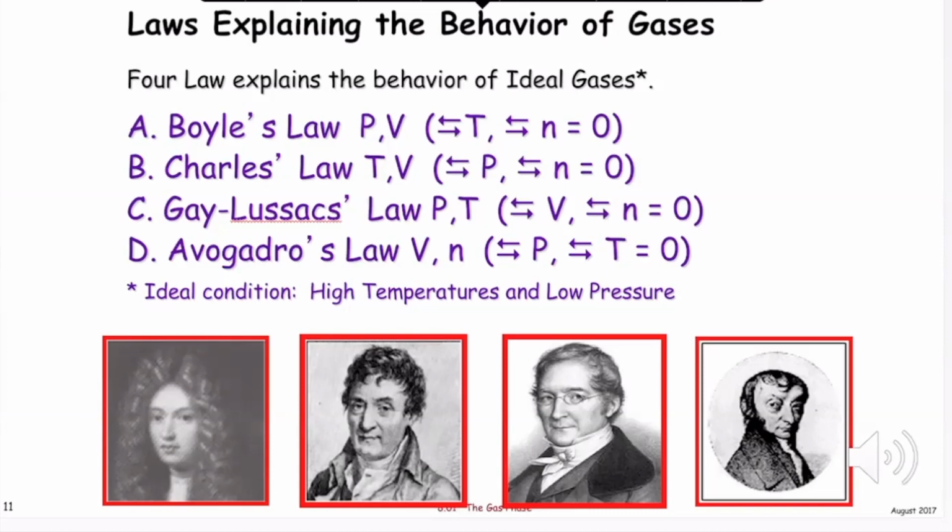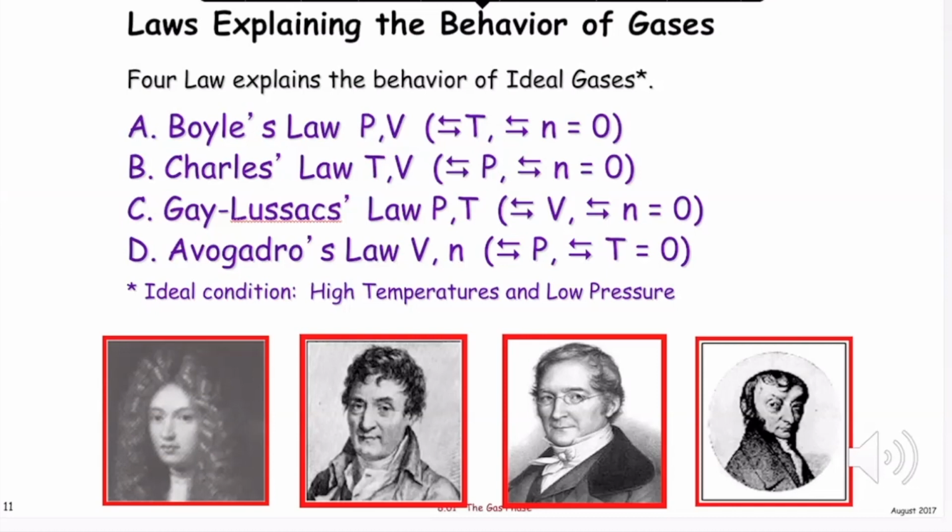So there are 4 variables that we talked about. When you're looking at these gas laws, they only investigate 2 of the variables. That means that the other 2 are not going to change. That means that before and after, when the temperature goes up, the other 2 variables stay constant.